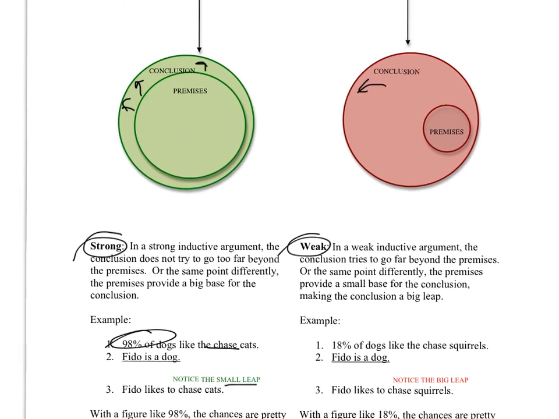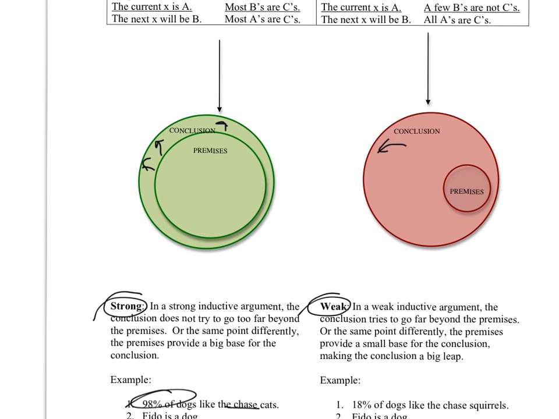So going back here to the diagram, the premise gives you pretty strong, solid support to let you make an inference to the conclusion.